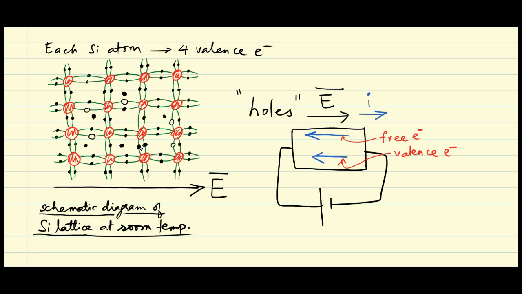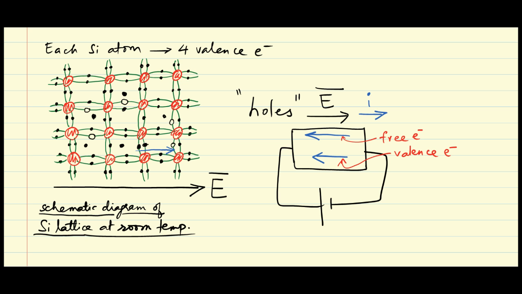But it is a convention to assume that instead of these negatively charged valence electrons moving from right to left, that is against the field, the positively charged hole is a carrier of positive charge. These holes move with the field, that is in this diagram, from left to right.